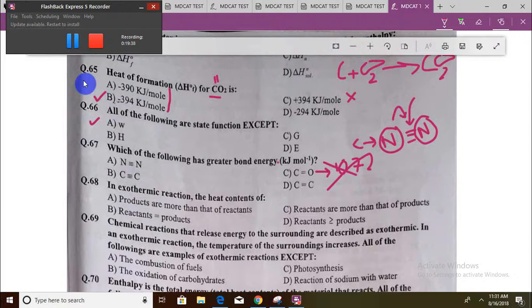You should know that the bond enthalpy of CC, that is C single bond C, is 348. You should know the value of the FF bond is about 155, that of ClCl is 242, that of II is 151, and that of BrBr is somewhere in the middle, about 193.